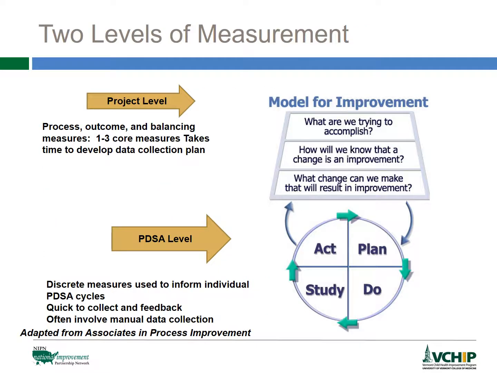And this gets into when I talked about those two levels of measurement. So here we're measuring at the PDSA level. We're not getting to that measurement yet of whether the rate of HPV series initiation is improving. We're really looking at that process as you try to implement that new process.